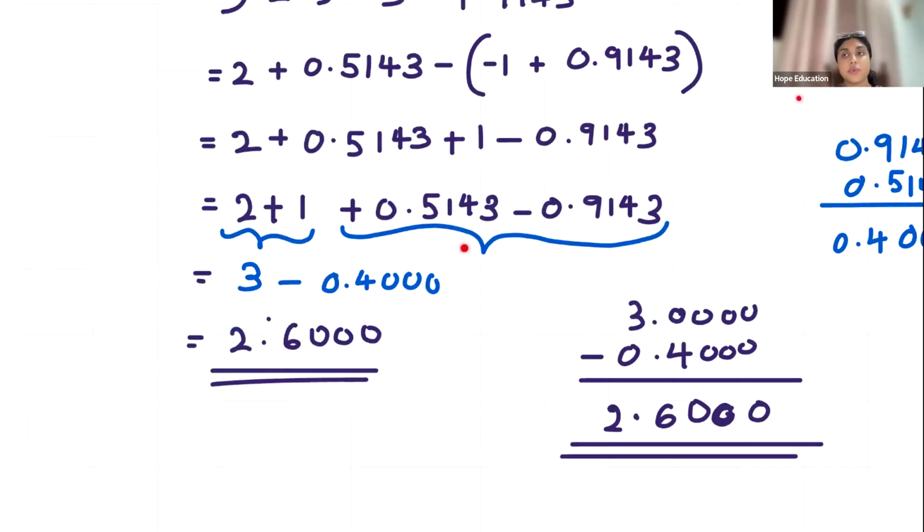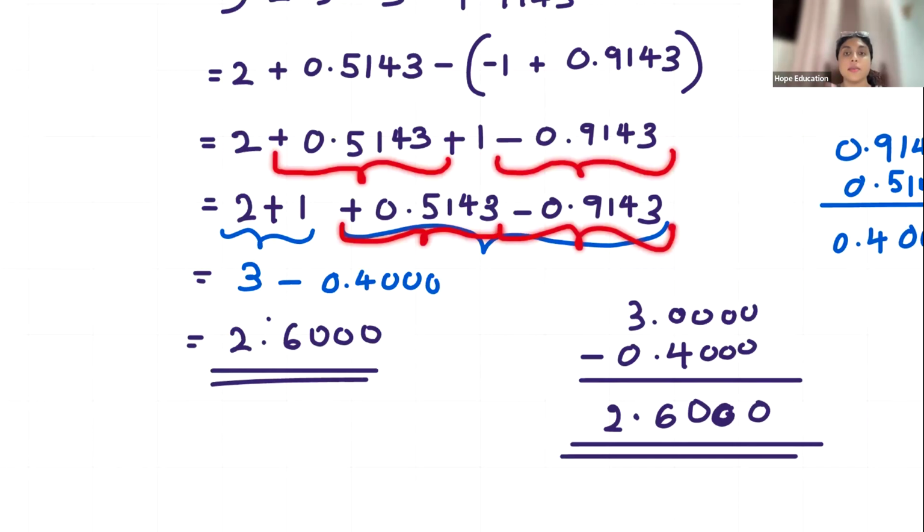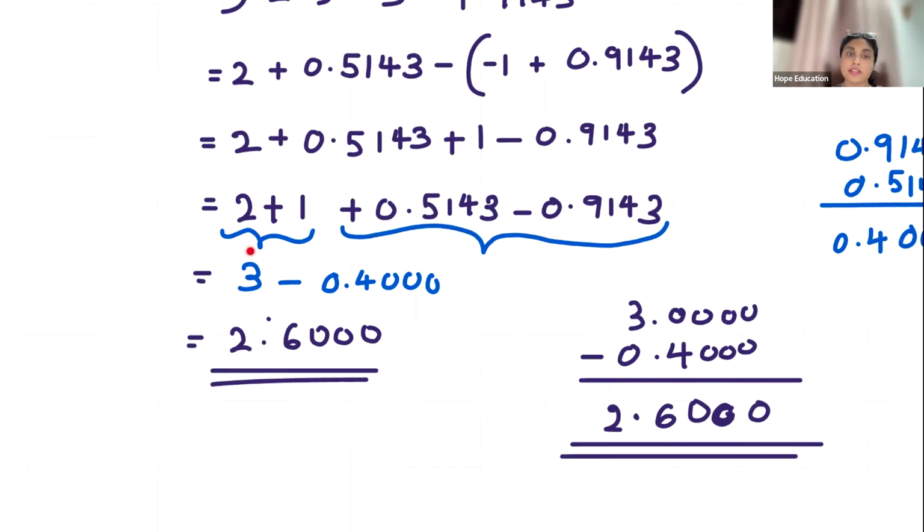Then we take the characteristics together and the mantissas together. Here the characteristic is 2. Here the characteristic is 1 plus 1. So 2 plus 1. Then the mantissa here is plus 0.5143 and here minus 0.9143. And then we do the simplification. Here plus 2 plus 1 means plus 3.